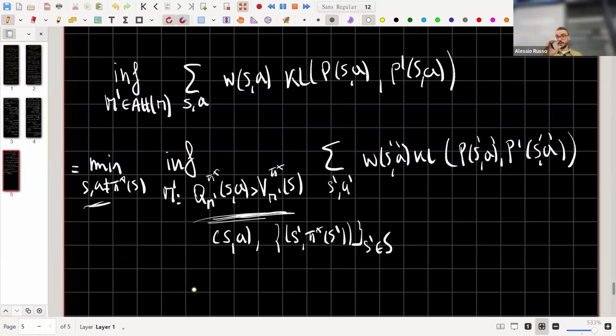So because of that, we can simplify the expression here. We can set the transition function for some of the state action pairs equal to 0, all the state action pairs that do not appear here.